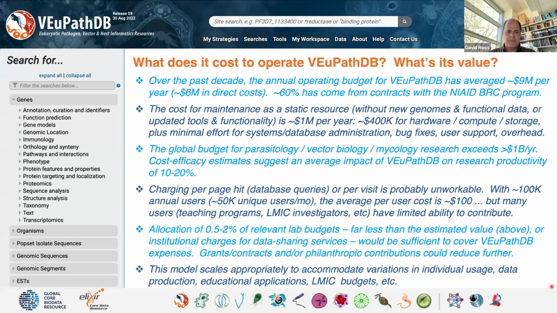educational program. So what we envision rolling out, probably in January, is something that you might think of as a calculator, like a mortgage calculator, that allows individuals to enter their own information privately. We don't collect any of this information, but based on your lab budget and the scale of your operation, the number of people in your group, and how heavily they use VEuPathDB resources, we can provide an estimate of what your fair share for your group would be.